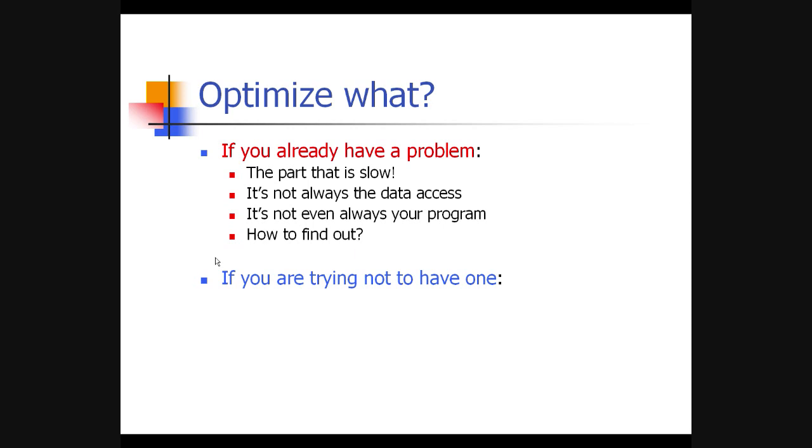Now, if you are trying not to have a problem, so if you are dealing with the optimization part before your application is in production, the first thing to do is to decide what the critical parts of your application are. You don't want to spend 2 years optimizing every line of code in your application. It's not worth it.